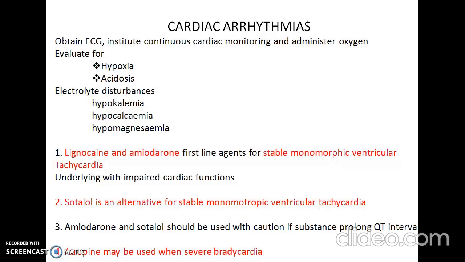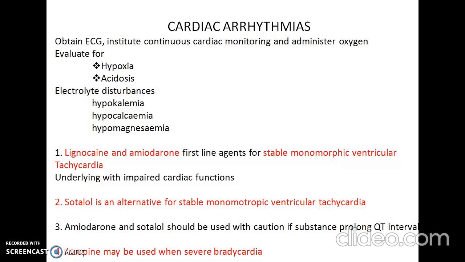The drugs that can be administered to overcome these cardiac arrhythmias include lignocaine and amiodarone, which are considered first line agents for stable monomorphic ventricular tachycardia with underlying impaired cardiac function.